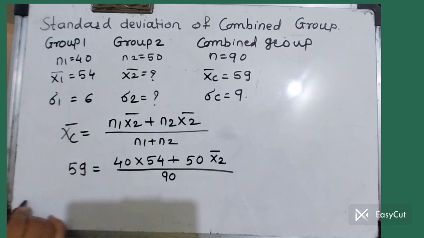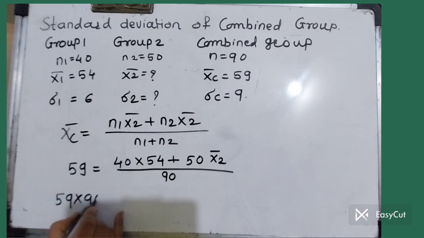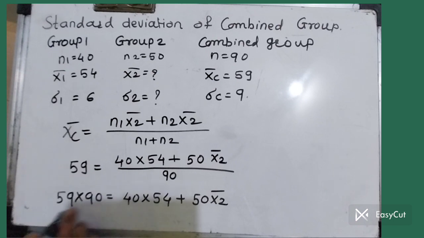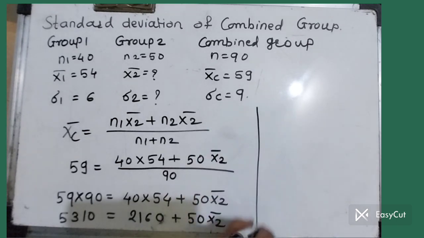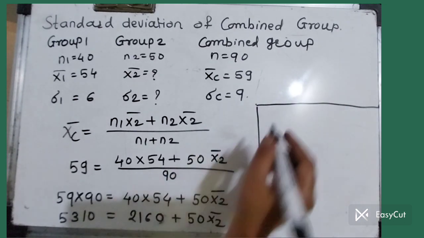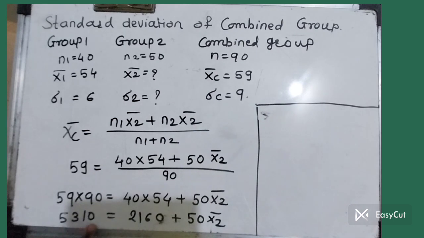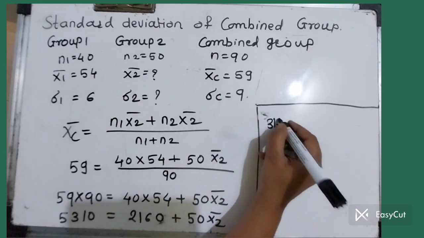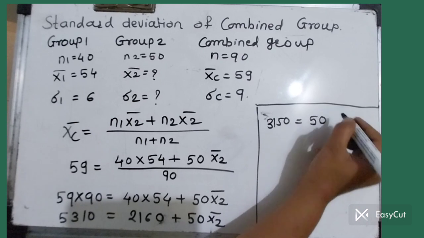Okay. Take cross multiplication. 59 into 90 is 5310. 40 into 54 is 2160, plus 50 X2 bar, keep as it is. 5310 minus 2160, so it is 3150 equal to 50 X2 bar.